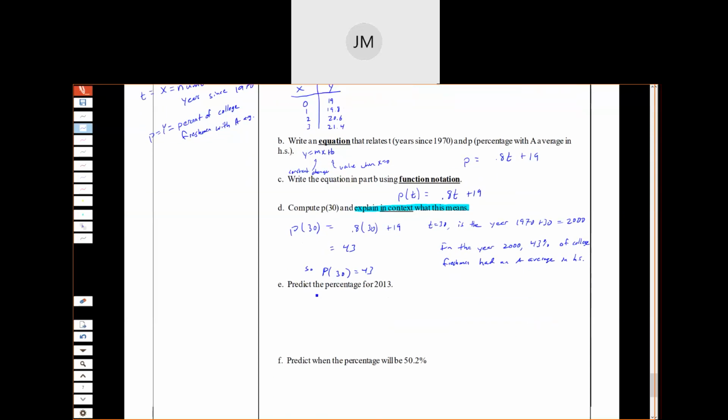Predict the percentage for 2013. So 2013 minus 1970 is 43. So what I want to do is I have T equal to 43. So I'm just going to plug in T is equal to 43.